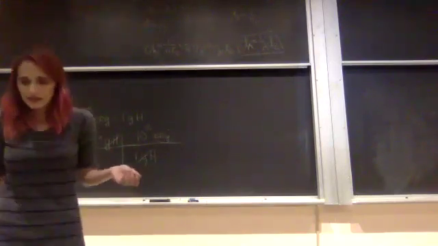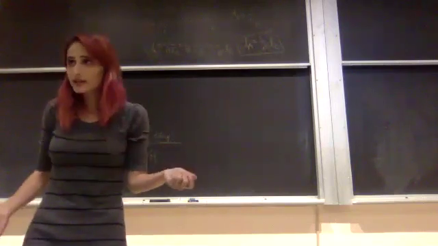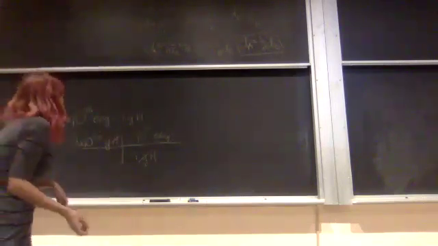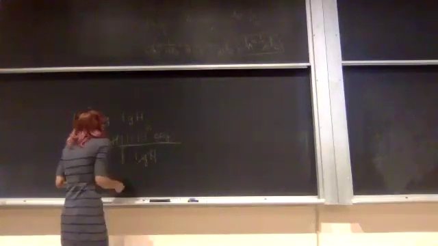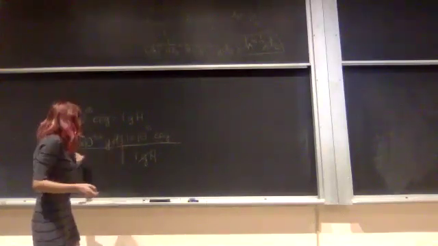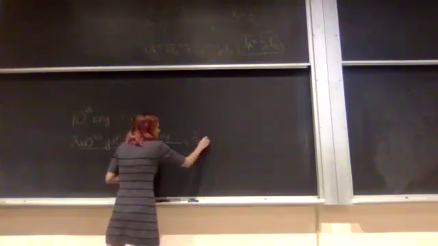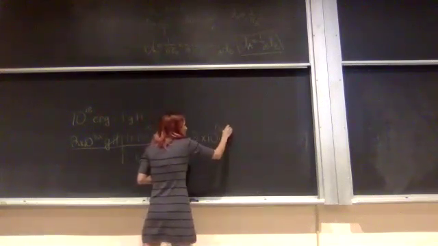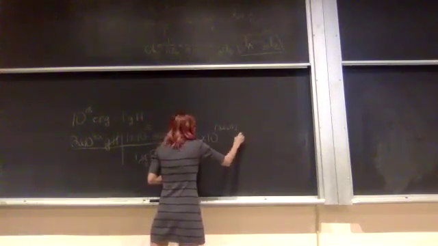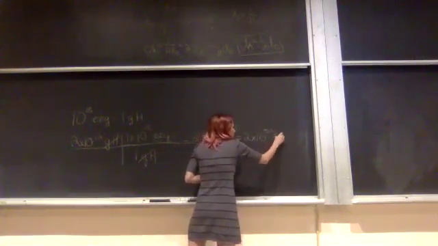The question asks how much energy, so I'm looking for my final answer to be in ergs. This is really 1 times 10, so if I'm multiplying two things in scientific notation, I multiply the coefficients and add the exponents, so that's 32 plus 18, is 2 times 10 to the 50 ergs.